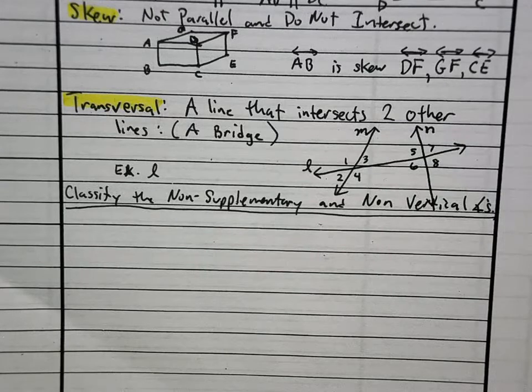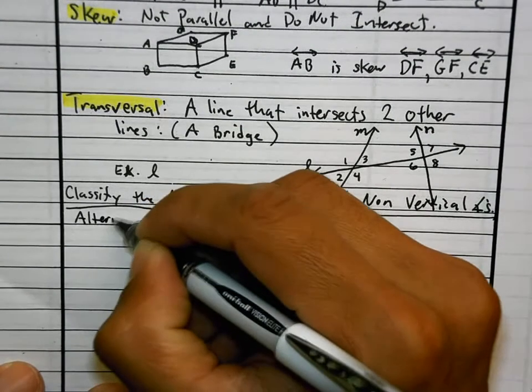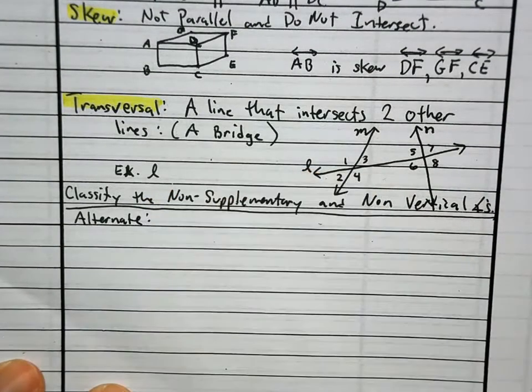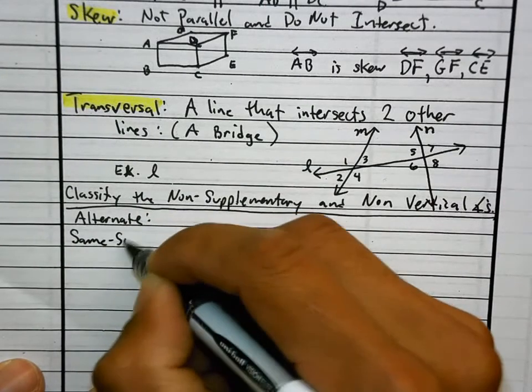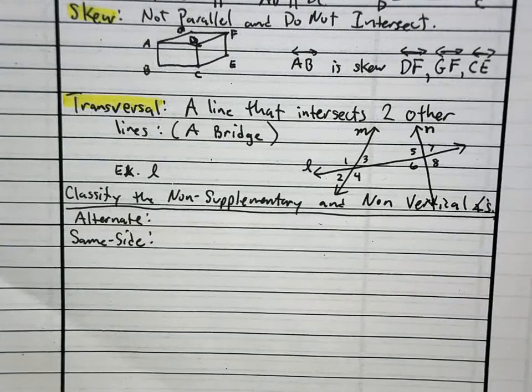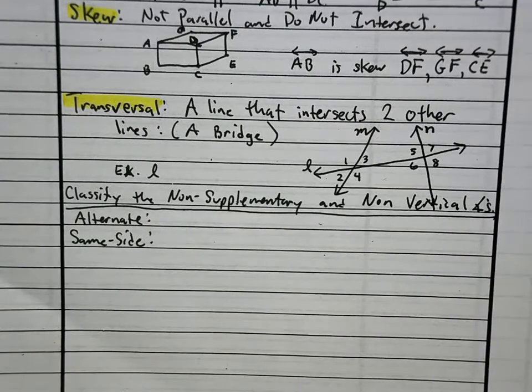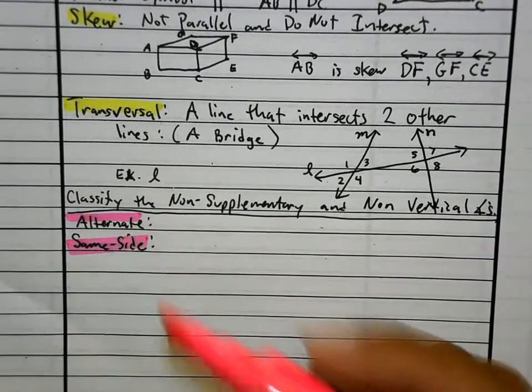We need to know four words to be able to do that. The first word is alternate. The second word is same side. I guess that's two words. I'm going to highlight these in pink.